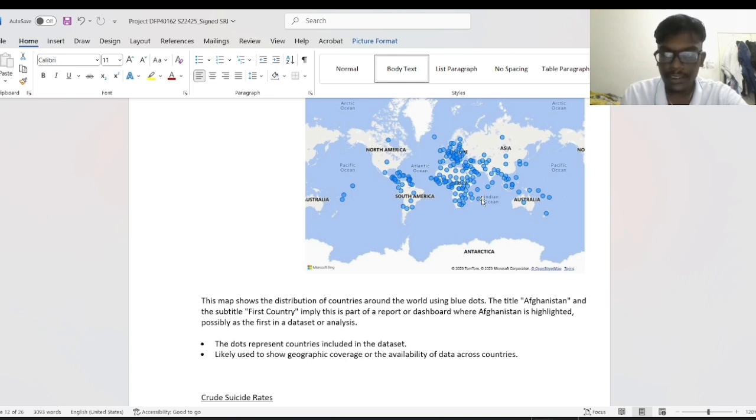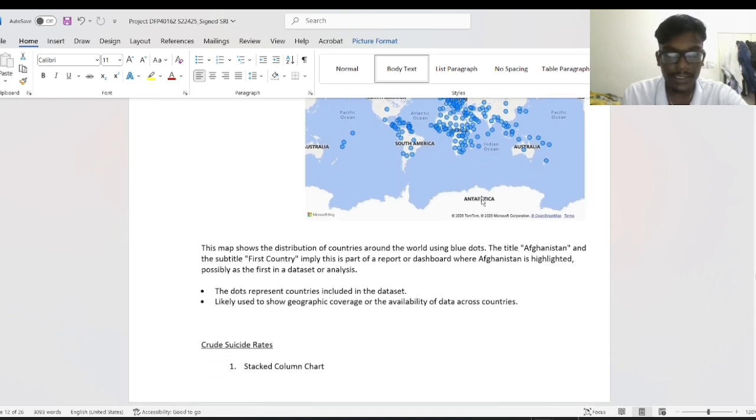The title Afghanistan and the subtitle first country imply this is a part of a report or dashboard where Afghanistan is highlighted, possibly as the first in a dataset or analysis. The dots represent countries included in the dataset, likely used to show geographic coverage or the availability of data across countries. Okay, that's all from my side.